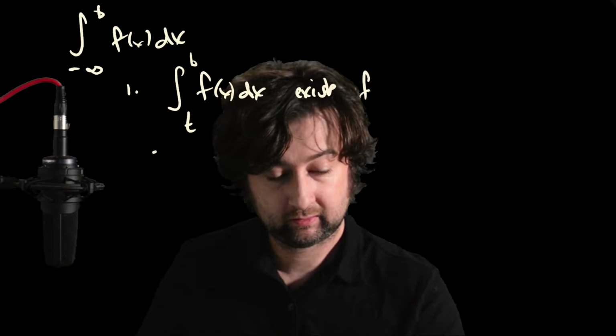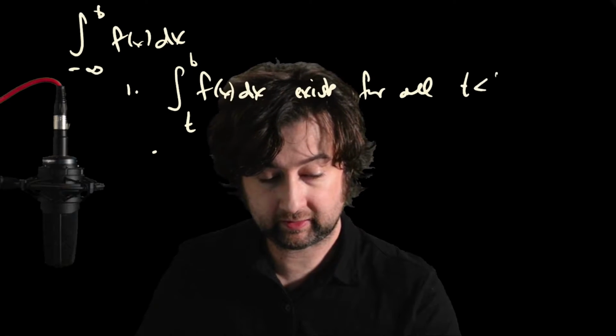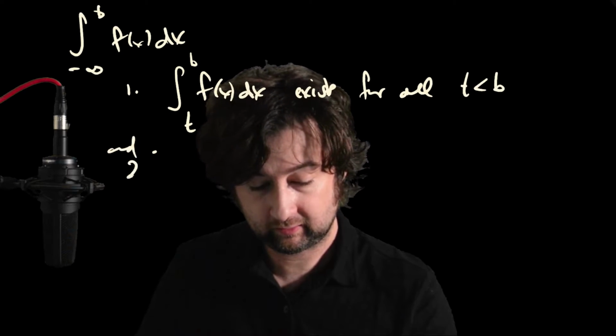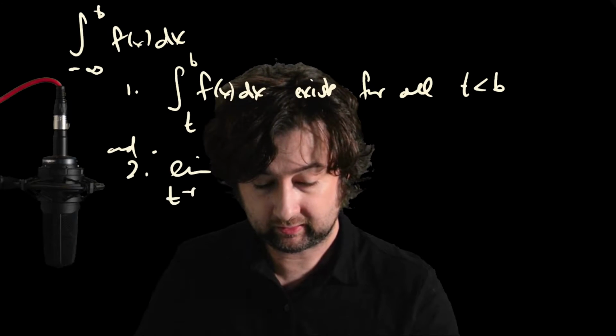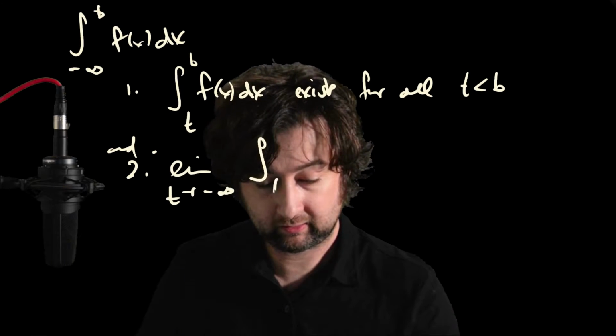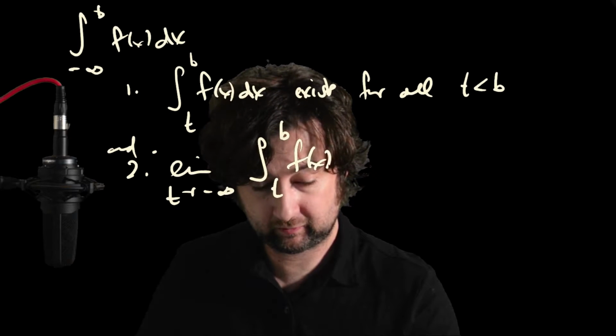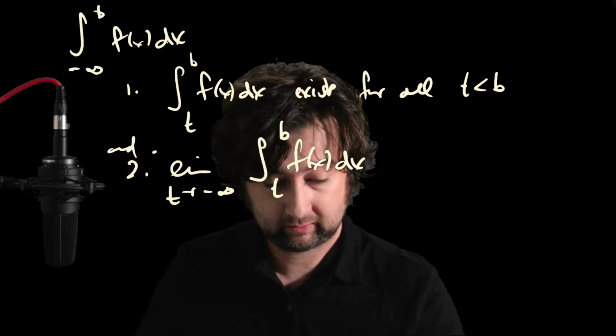So we could also say the integral from minus infinity up to a quantity b of f of x dx makes sense if 1, the integral from t to b of f of x dx exists for all t less than b, and the limit as t runs off to minus infinity of the integral from t to b of f of x dx is defined.